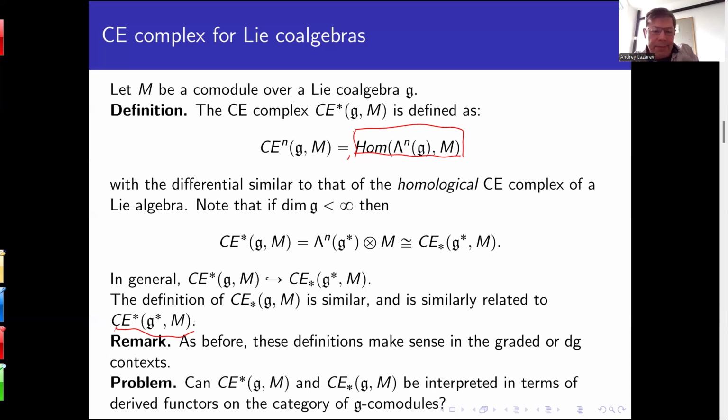Namely, they proved that certain low-dimensional cohomology groups have an interpretation as extensions or derivations. And they mentioned in particular that it's not known whether those complexes have an interpretation in terms of derived functors. So that seems to be a natural question to consider, even regardless of whether there are any applications of that or not. But in fact, there are some applications.